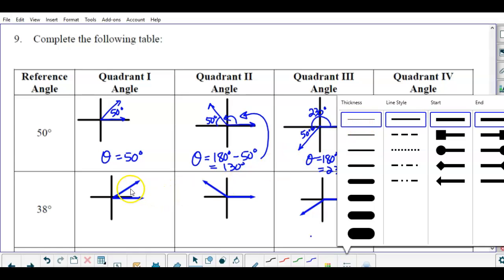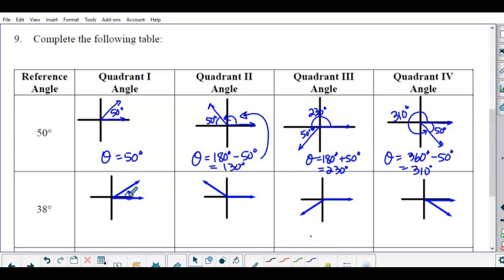And so then we can label all of these. So this is 38. Here, this is 38. Here, this is 38. And here, this is 38. So then when your angle's in the first quadrant, your standard position angle is the same as the reference angle.